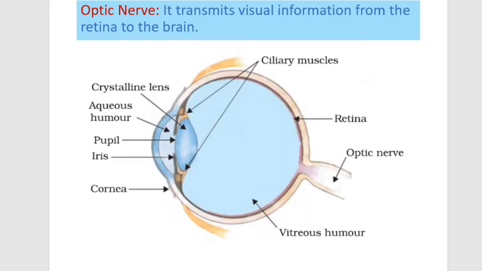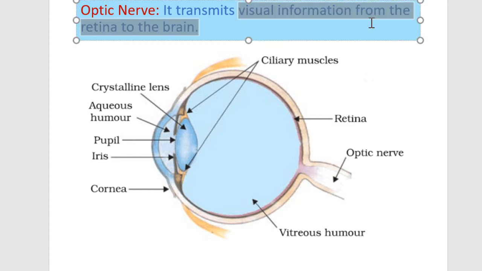Next is the optic nerve. What does the optic nerve do? Optic nerves transmit whatever visual information is received by the retina. Eyes receive only visual information, but how does my brain understand that I'm seeing a tree and not a person, or a person and not a joker? This job of transforming the visual information into electrical signals is done by the optic nerve.